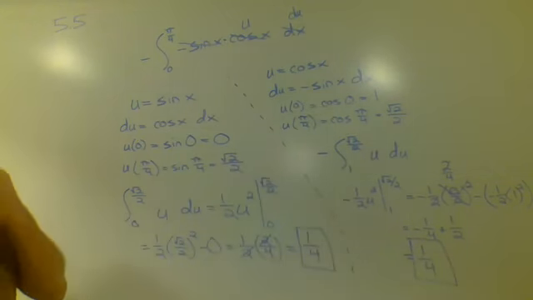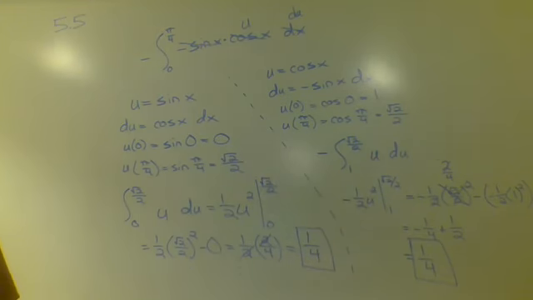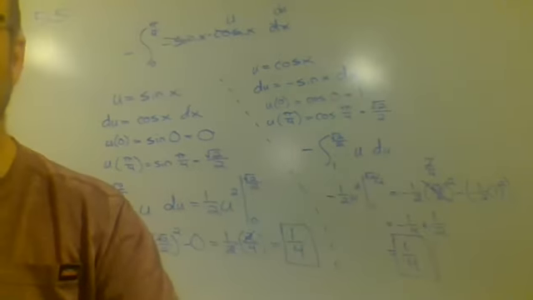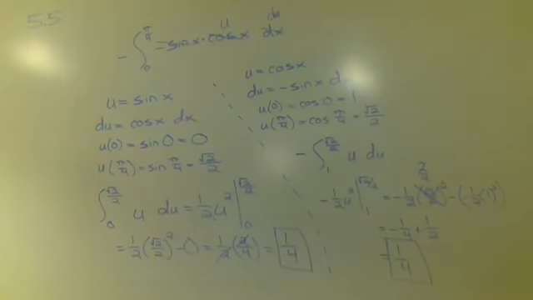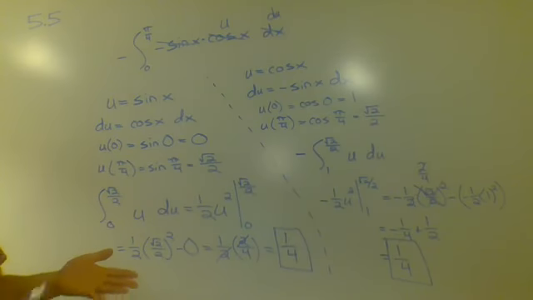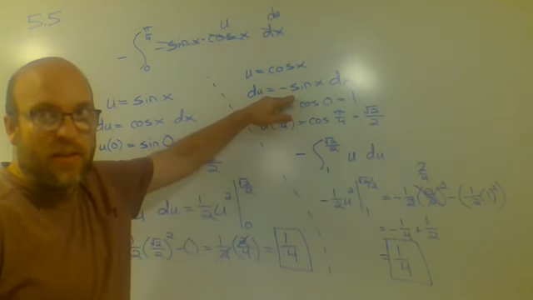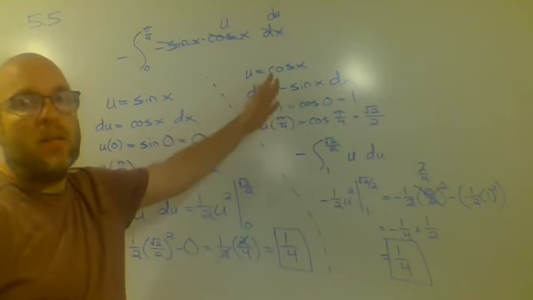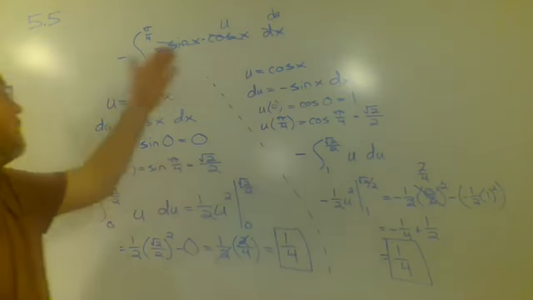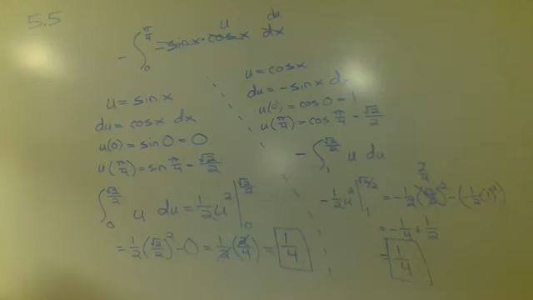So the real point of this example wasn't to say that there's a certain way that you should have done this that made it a little bit easier. It's just to say to try something. If it works, it's going to be the right answer. If it doesn't work, you're going to know at this step right here, and then you'll say, oh, that doesn't line up, let me try a different function for u.